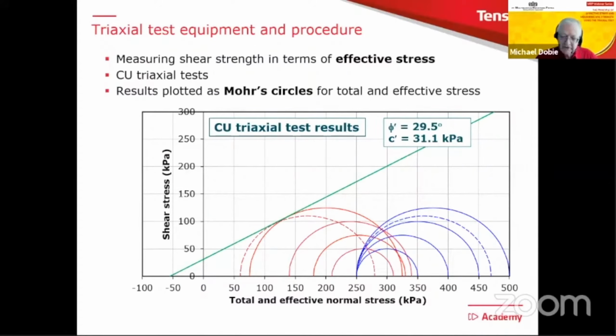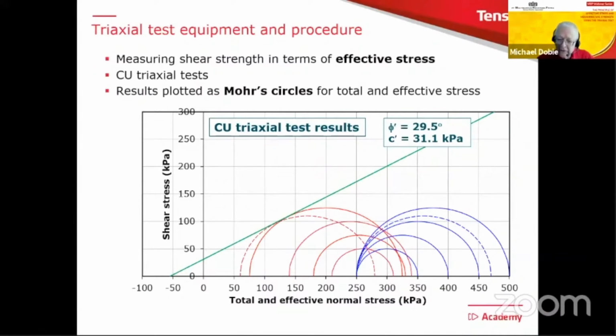The blue circles are total stress, and the red circles are effective stress. So that means that we can assess failure as a line touching the failure circle on the red circles. Now, of course, to do that completely, you'd have to do several more tests at different cell pressures, but let's just assume we've got those and we're just looking at one of them. So that's what the results look like.